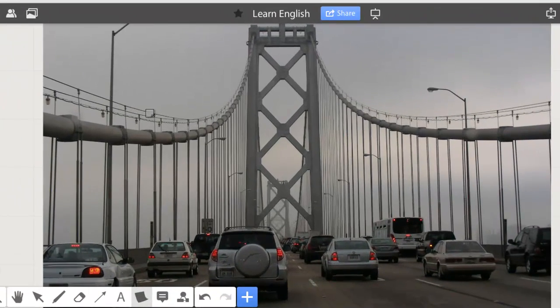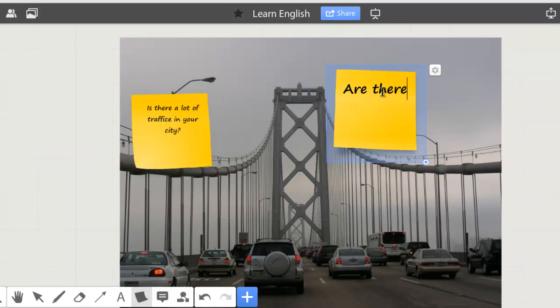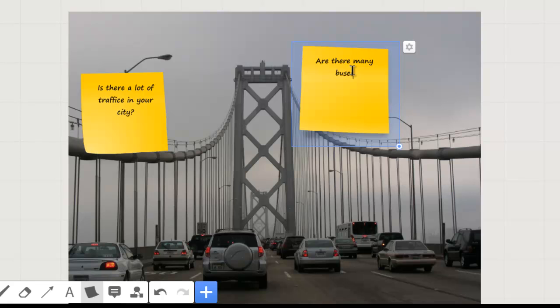The last thing that I would like for you to do now is to answer some questions about your city. What I would like for you to do is to tell me whether there is a lot of traffic in your city. So I'm going to ask the question, is there a lot of traffic in your city? Are there many buses in your city?